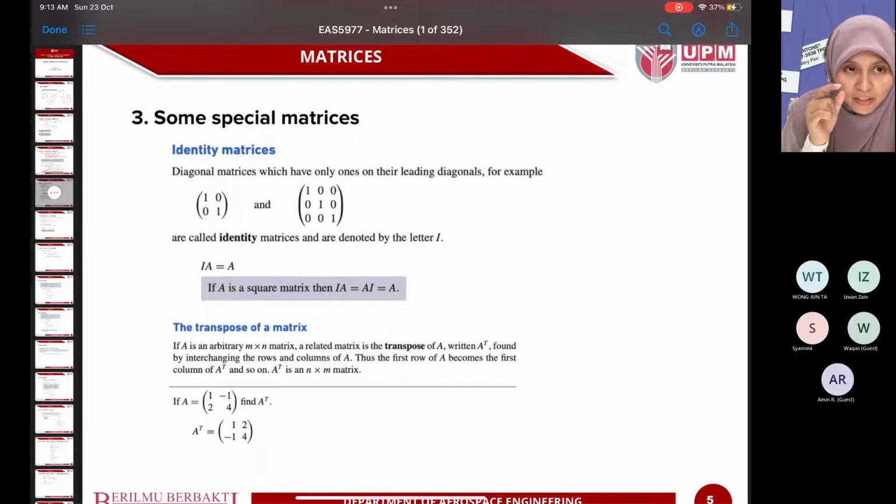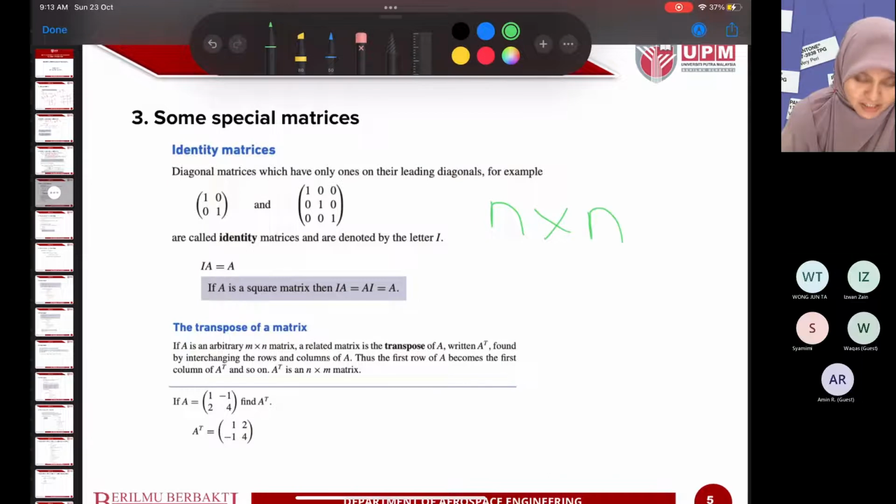Square means 2 times 2 or 3 times 3 matrix, 4 times 4, etc., n times n, meaning n rows and n columns. So the identity matrix is a square matrix having only the value 1 on the leading diagonal. This is what we call the identity matrix.